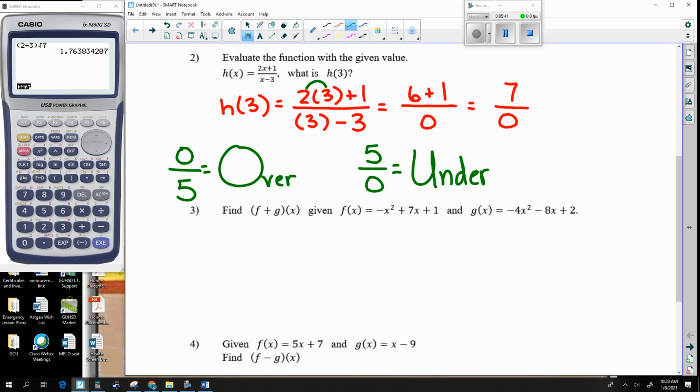So I write the word under. How does that help me get what the actual answer is? Well, when it's over, in the left example, the answer is 0. If it's over, it looks like 0. If it's under, then it's undefined. So this one, yes, it is under, so this is undefined.